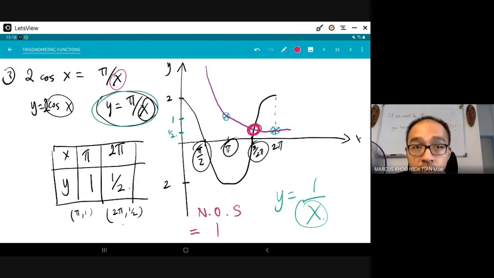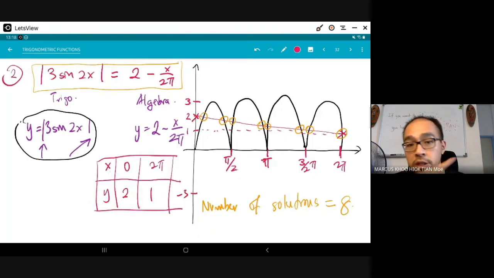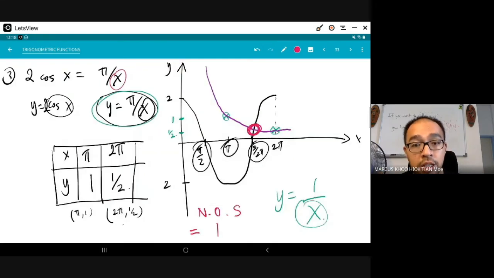As a general rule, even in your textbook, most of the questions are trigonometry graph and straight line. Very straightforward. It's just that in this particular example, we also need to pay attention to other kinds of functions that will give you a slightly different shape.